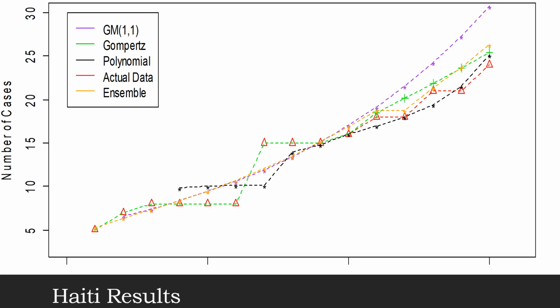One thing to note is that the polynomial neural network and the GM11 appear to be missing values, but these values are treated as inputs for the algorithms to then fit and forecast. On the x-axis, we see the number of days, and on the y-axis, the number of cases being predicted or actual.